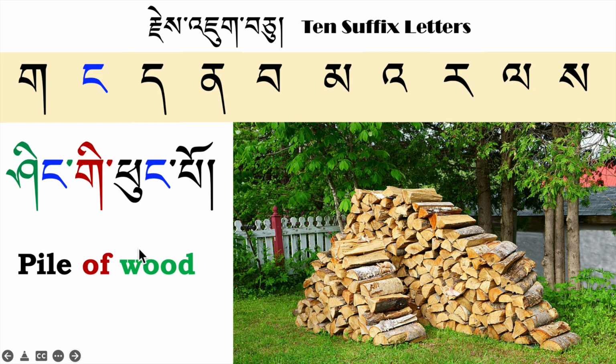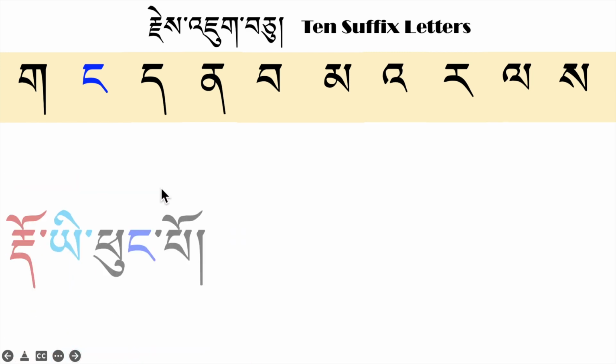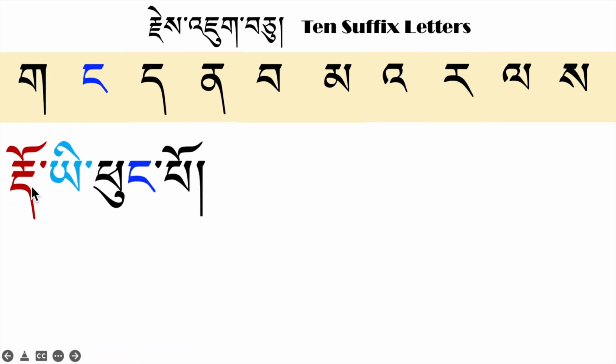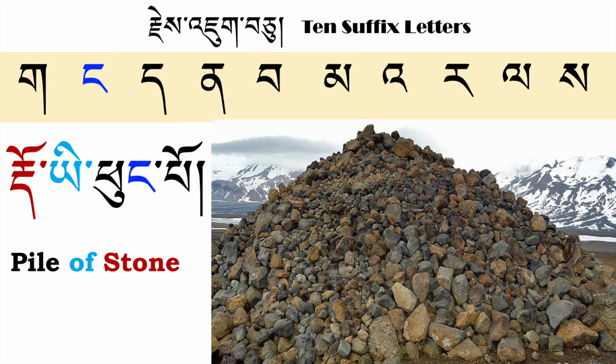Next one, ra, da, da, da, naro do, yakigu yi: doi pungpo means pile of stone.